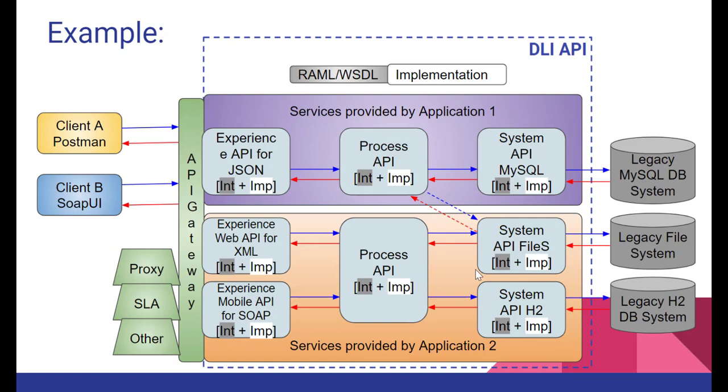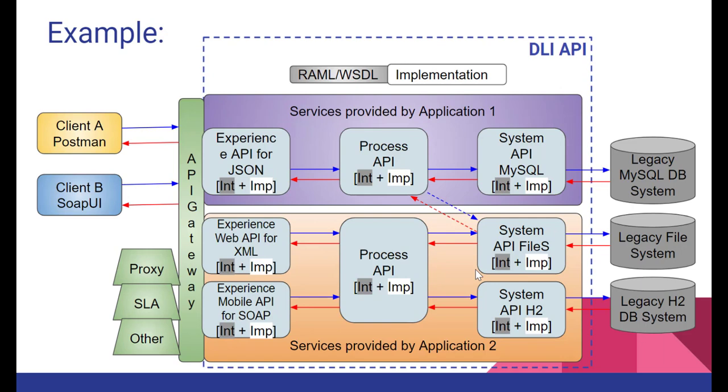If the client wants the JSON format, we will be using the experience API for JSON to provide the data to that client. If someone is asking for XML data, then that particular experience API would be used. And in case of SOAP, we can use some other experience API, right?